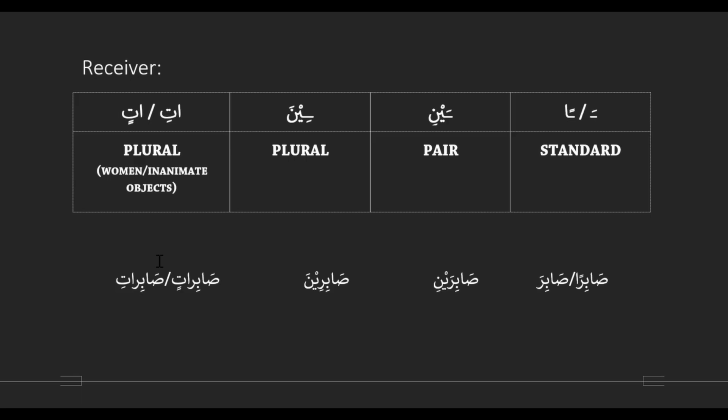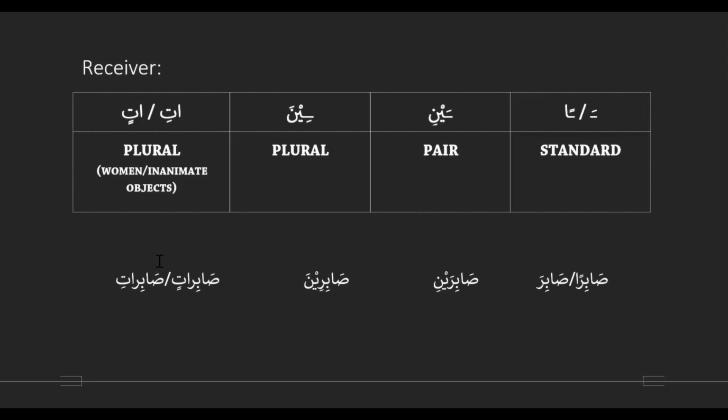So slabiraini we're still going to translate as two patient people, and slabirina we're still going to translate as patient people, and slabiratin is still patient woman. Yep. Good. Okay, I think I got it. Think you got it? Yeah, once we get into examples, everything will stick and become clearer.